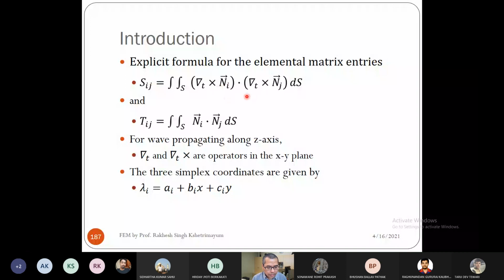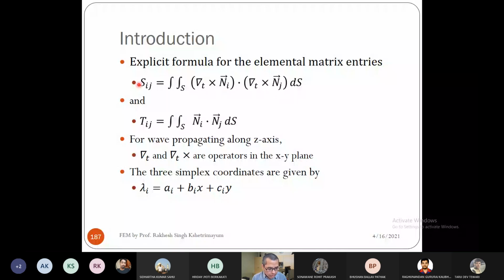So the interpolation function is a vector now. When you calculate Sij, it is totally dependent on the vector basis function. Let us try to find this. One point to be noted is that for a wave propagating along the z-axis, delta t and the delta t cross curl operator are always in the xy plane. We are confined to the xy plane.